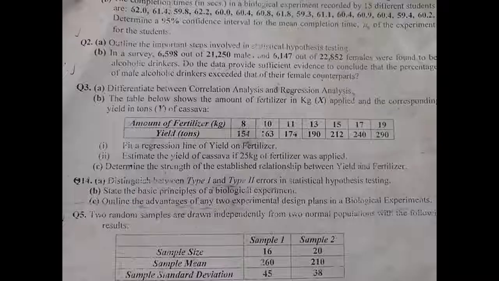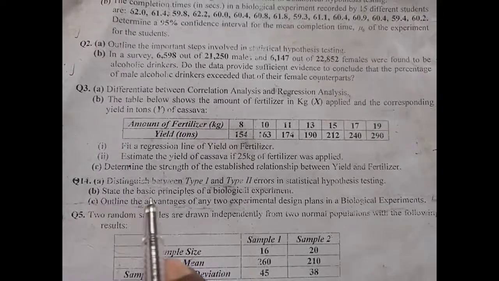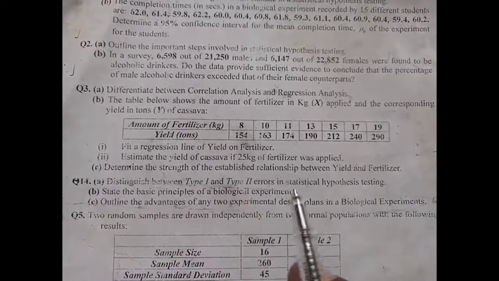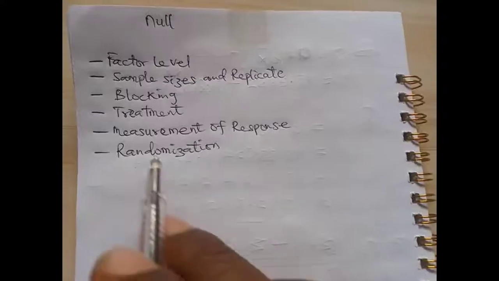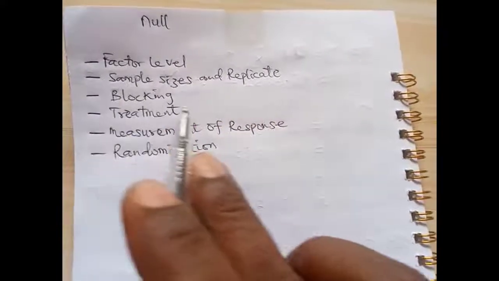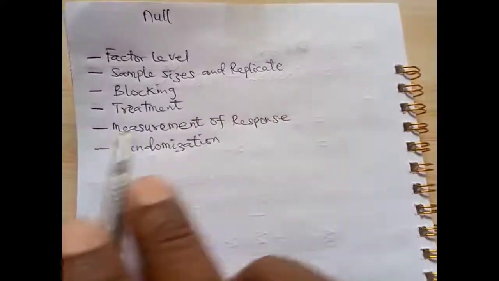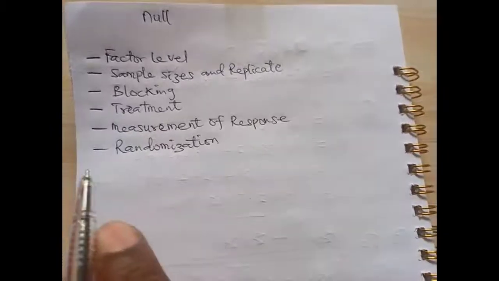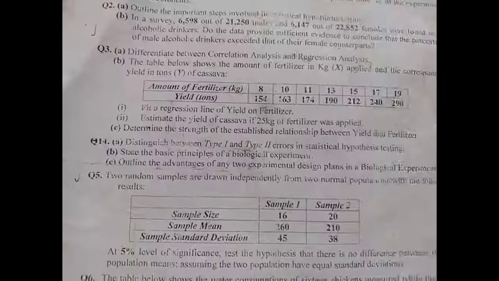And type 2 error is committed if we accept the null hypothesis when it is false. The next question says, state the basic principles of a biological experiment. The answer is factor level, sample sizes and replicate, blocking, treatment, measurement of response, randomization.